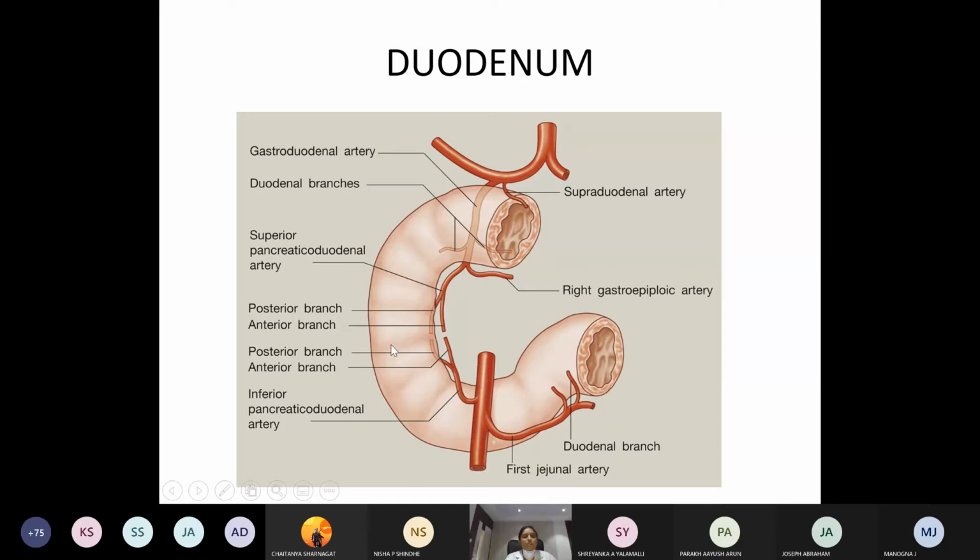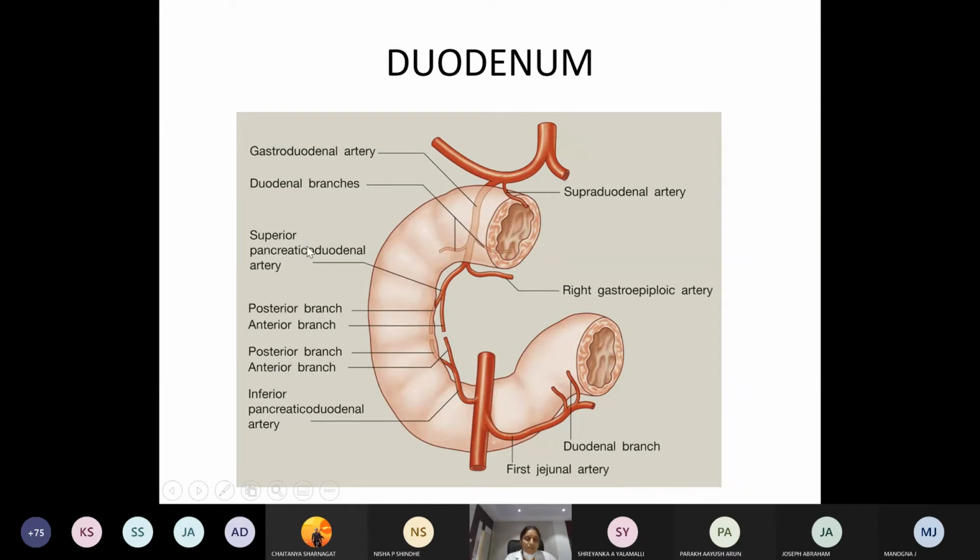There will be a small elevation called the major duodenal papilla in the interior of the duodenum. That major duodenal papilla demarcates the foregut from the midgut. Distal to the papilla, a summit will be there. Distal to that is midgut, and above that is from the foregut.